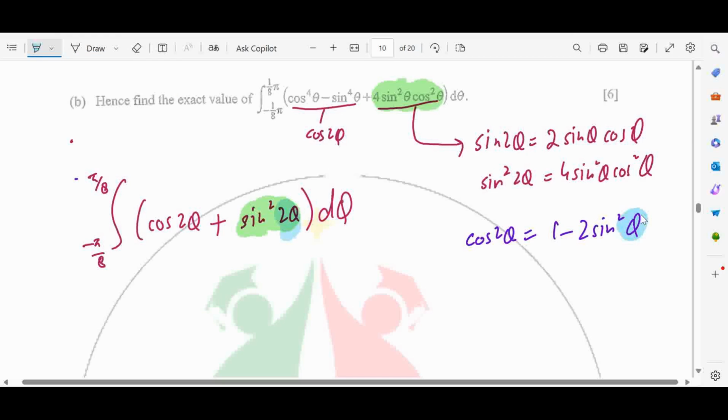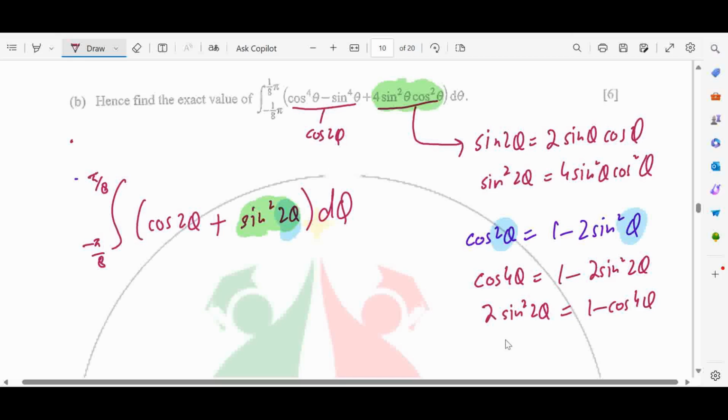So what we have to do? We have to double the angle. It means cos of 4 theta will be equals to 1 minus 2 sine square of 2 theta, and if we shift it to the other side, this will be 2 sine square of 2 theta will be equals to 1 minus cos 4 theta, and finally we will have sine square of 2 theta is equals to 1 minus cos 4 theta divided by 2.